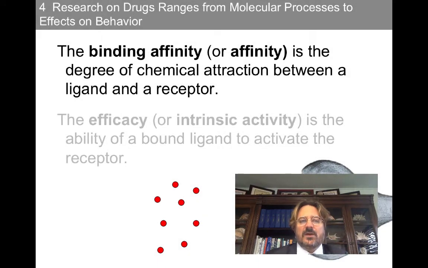It's important that we clarify what binding affinity and efficacy are. Binding affinity is the degree of chemical attraction between a ligand and a receptor. So here we have a ligand, the red ligands that you can see at the bottom of this screen.